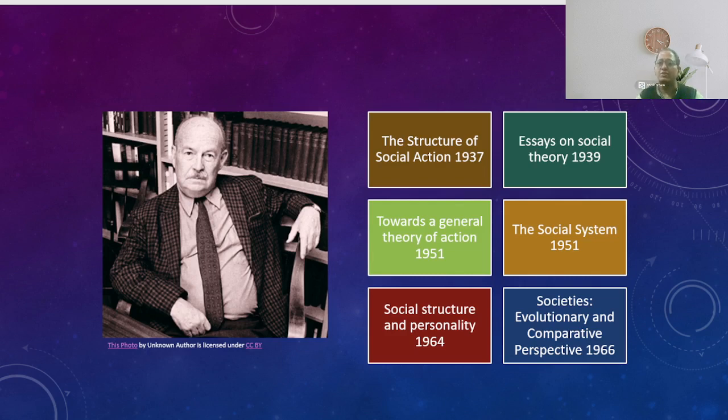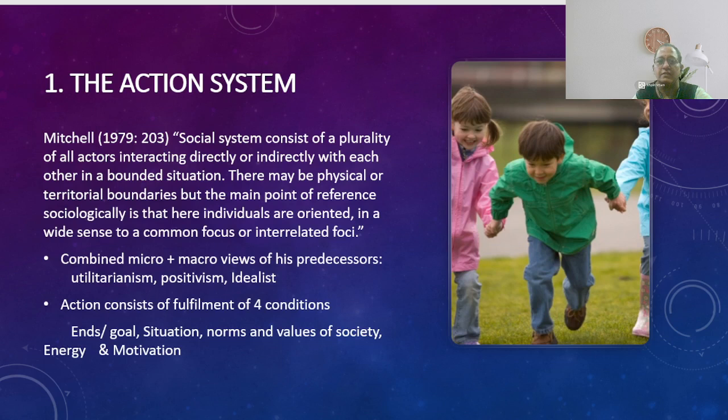Now let's move to the key concepts given by Talcott Parsons. The first one that we are going to discuss is the action system. Talcott Parsons has talked a lot about the action performed by an actor in a society. Let's read the statement given by Mitchell in 1979.